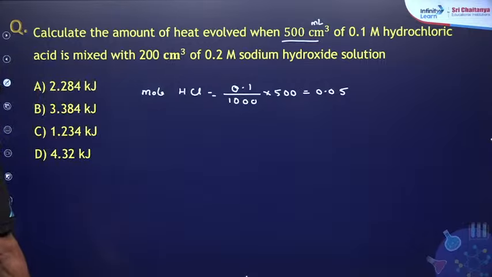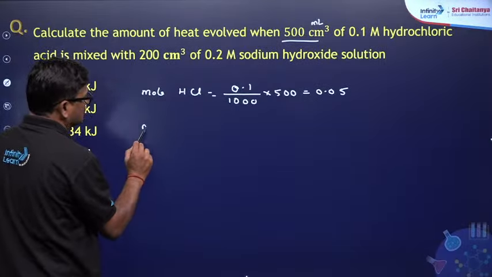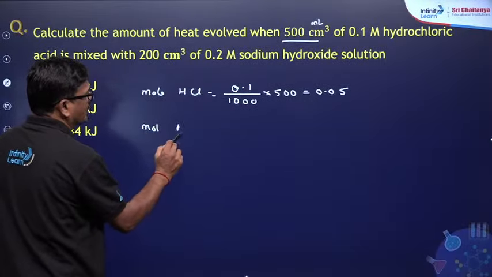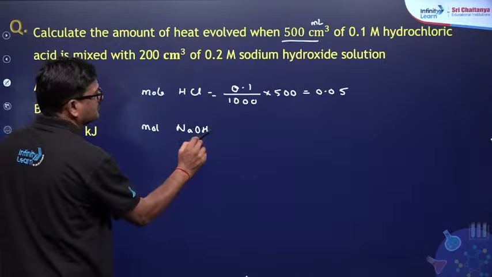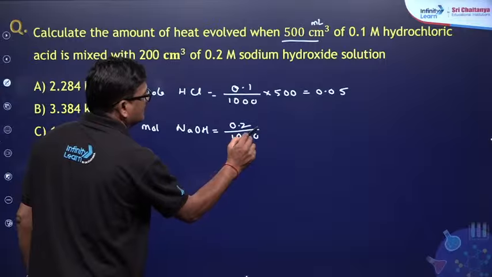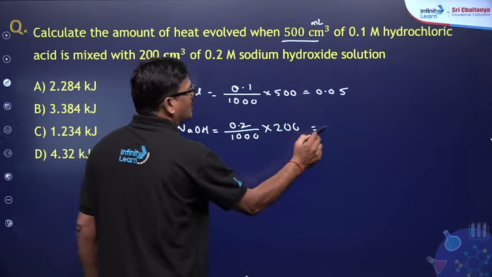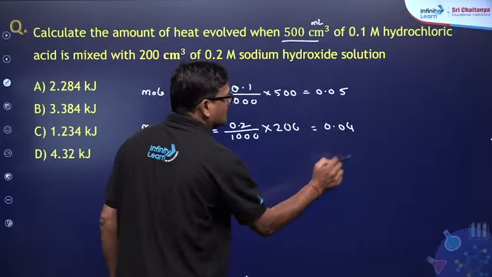Talking about 200 milliliters of sodium hydroxide, the moles of sodium hydroxide come to be 0.2 upon 1000 into 200. So I got 0.04.